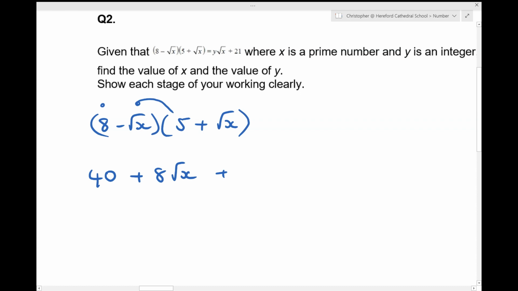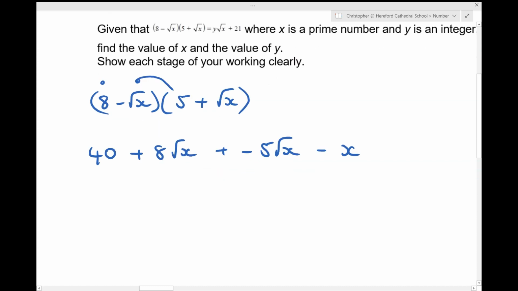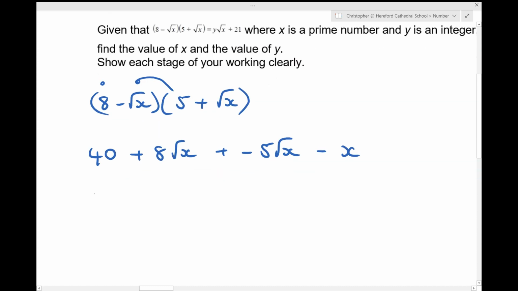So minus root x times a 5 is minus 5 root x. And minus root x times root x is going to be minus x, because root x times root x is just x. Good. So what have I got here? Let's do my root x's. I've got 8 root x minus 5 root x, so I've got 3 root x plus, and my number is 40 minus x, isn't it?